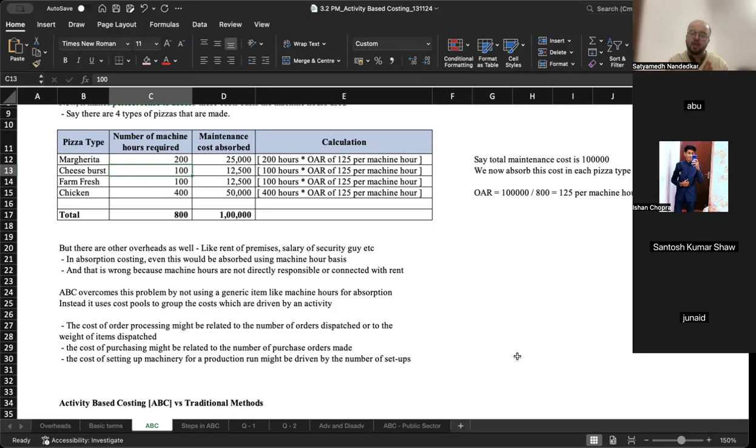So when I'm talking about cost pools, these are all related items which are grouped together for costing purposes because they are connected to one activity, and the cost driver is the influencer of cost for that particular activity. Now, the cost of order processing might be related to the number of orders dispatched or to the weight of the items dispatched. One second, guys.